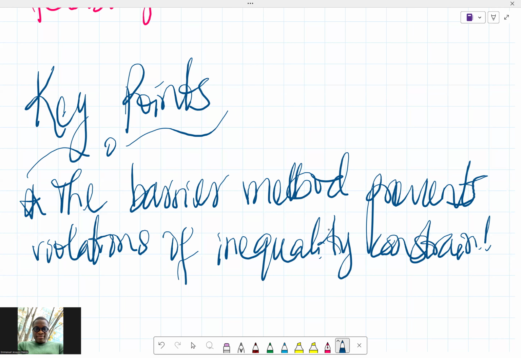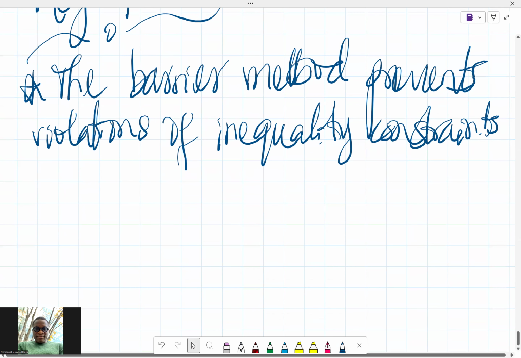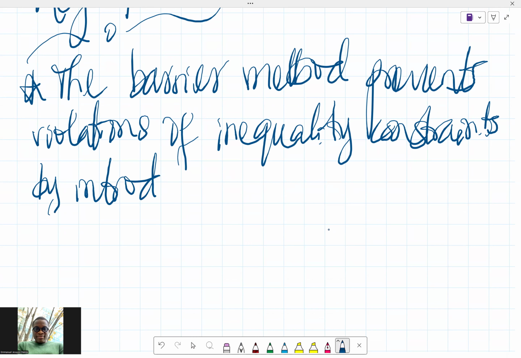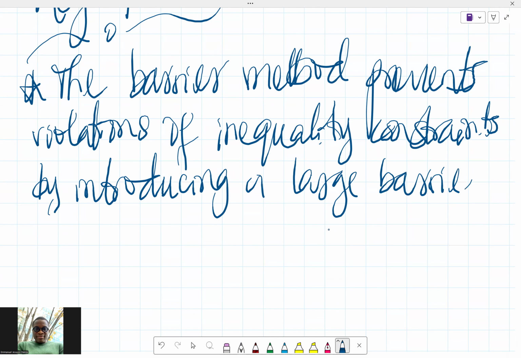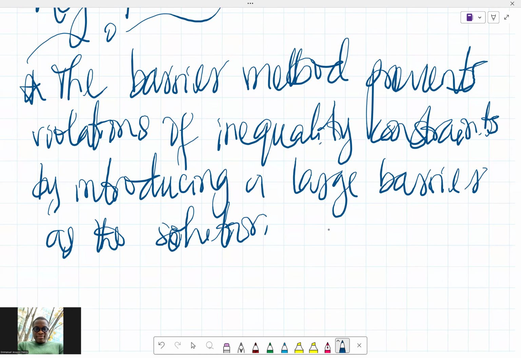You remember that penalty method worked for both inequality and equality, but here, this one is just for inequality. So the barrier method prevents violations of inequality constraints by introducing a large barrier as the solution approaches the boundary.